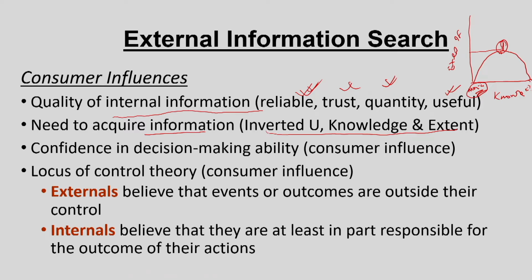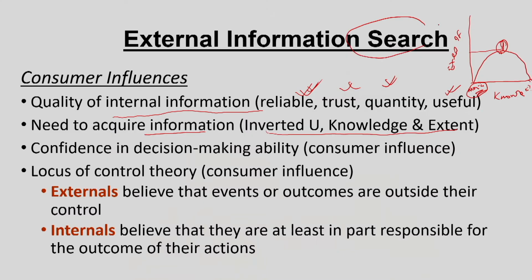If you are a novice, you have no information as such, so the extent of search is very low, and the knowledge is also very low. So you might have to move through that curve. Or if you are an expert, then you have enough knowledge, so the search is low. So the external information search depends upon how much is the need to acquire this information.